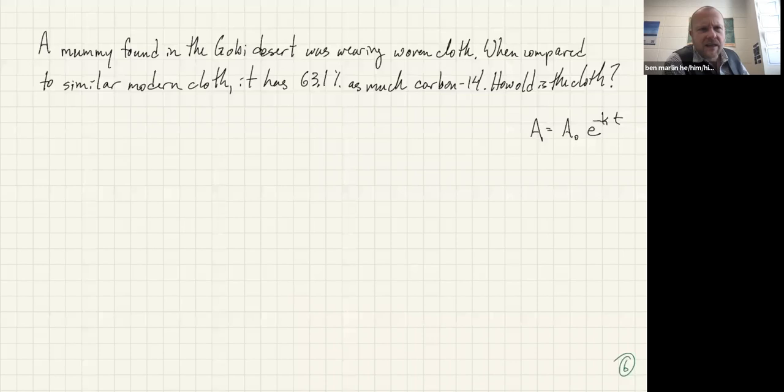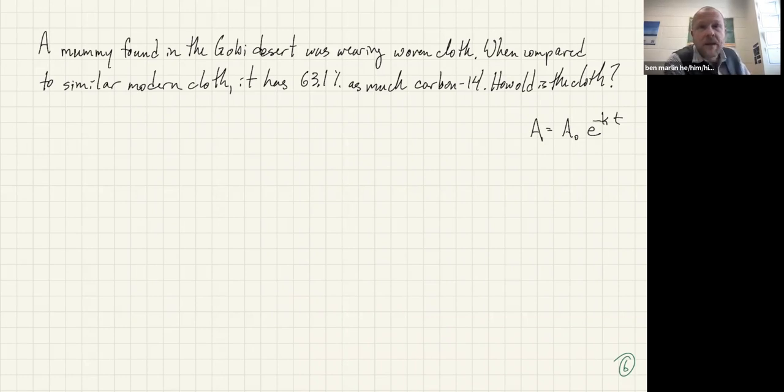But this setup here, we say there was a mummy found in the Gobi Desert wearing woven cloth. It's actually something kind of a neat find from a few years ago, where the cloth looks like from the weave, it probably came from the western steppes instead of the eastern steppes. So there were nomads living around the Gobi Desert and stuff, and it's kind of neat.